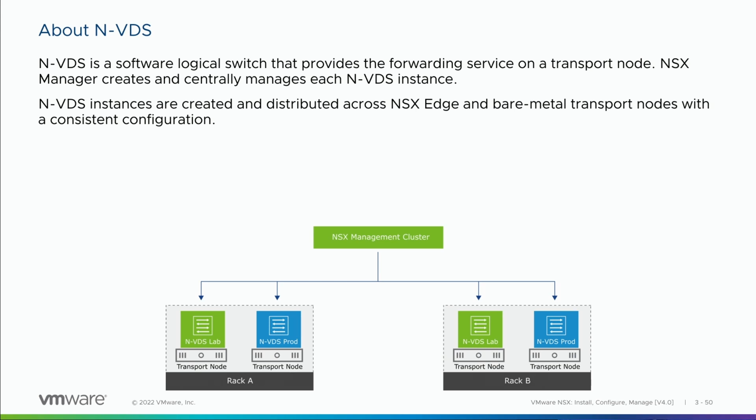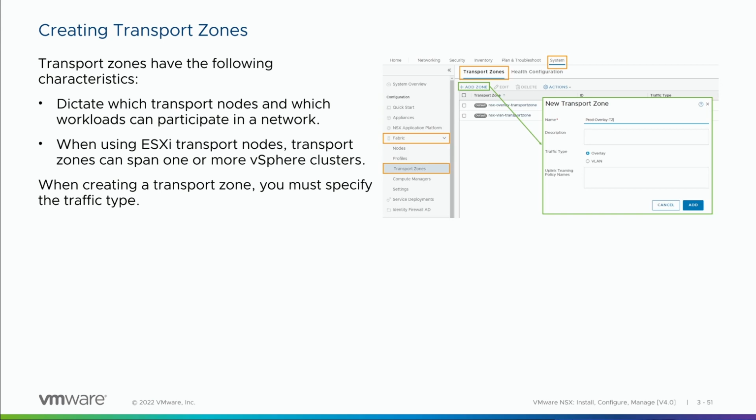So we have to have some kind of virtual switch to provide for that packet processing. Well, the NVDS is what we're going to use on those non-vSphere platforms. You don't have to worry too much about it. It's all just configured as part of NSX, and we don't have to worry about managing those individual virtual switches on those individual bare metal or edge transport nodes.